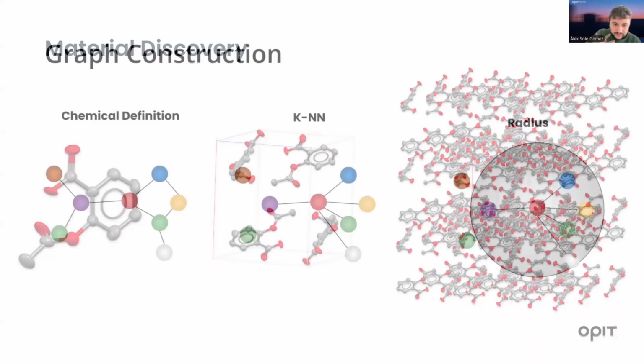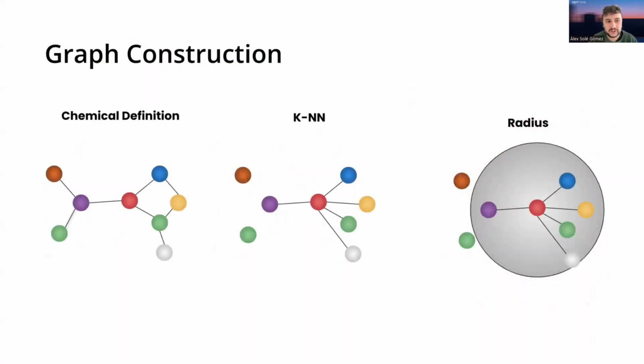So first of all, let's discuss the graph construction. The most straightforward way to start is using the chemical definition, like using the bonds that chemists already defined. But this has the problem that we cannot connect the molecules to each other. And in real life, in materials, the molecules are isolated from the others with a weaker force.